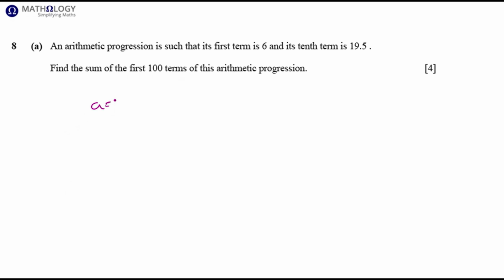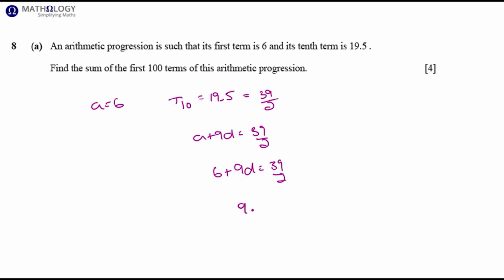So a equals 6 and the 10th term is 19.5, which is 39 over 2. a plus 9d therefore equals 39 over 2. a is 6, so 6 plus 9d equals 39 over 2. 9d equals 27 over 2, and then d will be 27 over 2 divided by 9, which is 27 over 18.